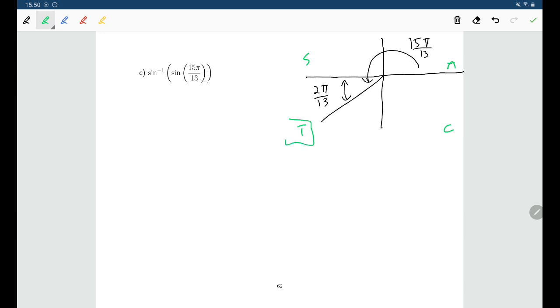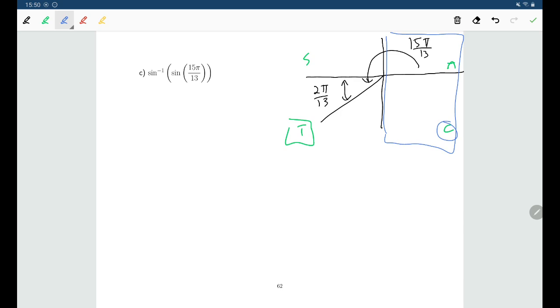And in quadrant 3, sine is negative. So we have to ask ourselves, where is it that sine is also negative in my restricted domain? Remember that my restricted domain for sine is negative pi over 2 to pi over 2. So in quadrants 1 or 4. I know quadrant 1 is where sine is positive, and quadrant 4 is where sine is negative.